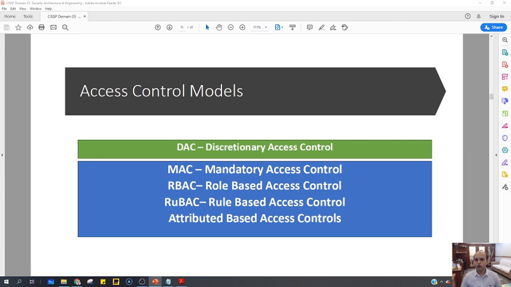Then we are talking about non-discretionary. The first is mandatory access control, MAC. In this, data owners cannot grant access. Security labels of subject and object define the access decision. So the access is granted by a centralized security officer. The subject label must always dominate the object label. The subject has knowledge of the object sensitivity.